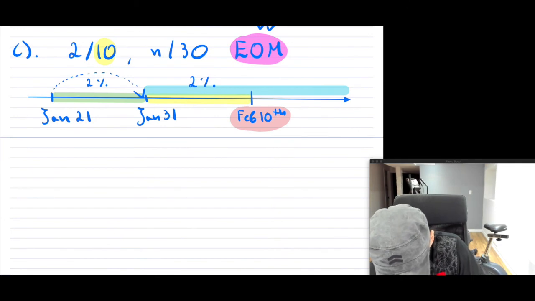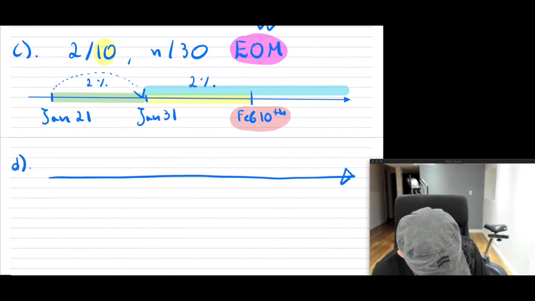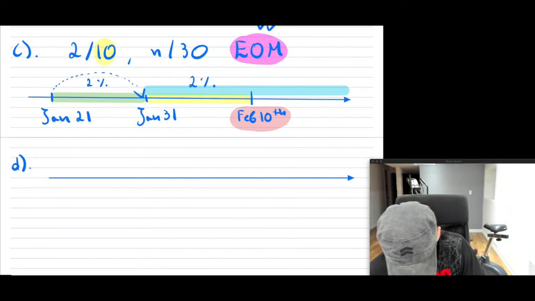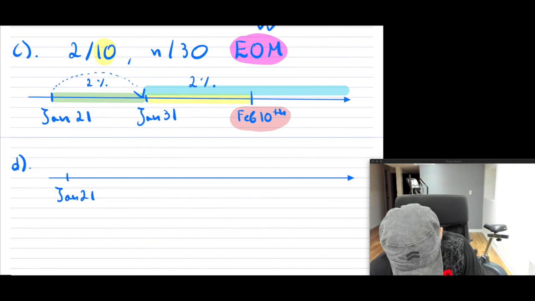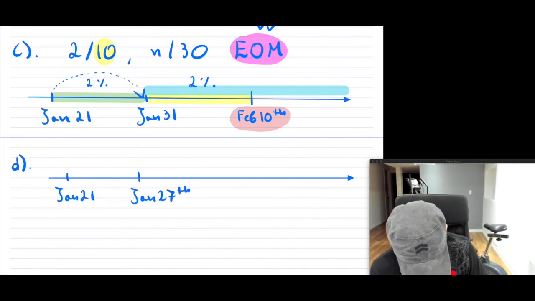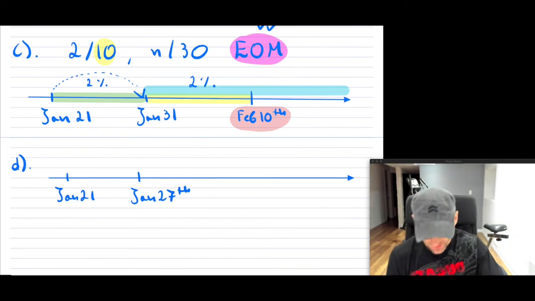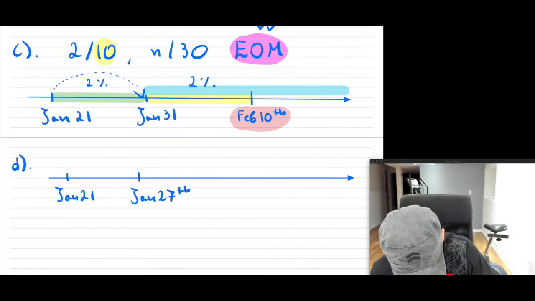So if I would redraw this timeline right here, this way, our invoice date is January 21st. It tells us that we have received the goods on January 27th. This is when we start to count right here.